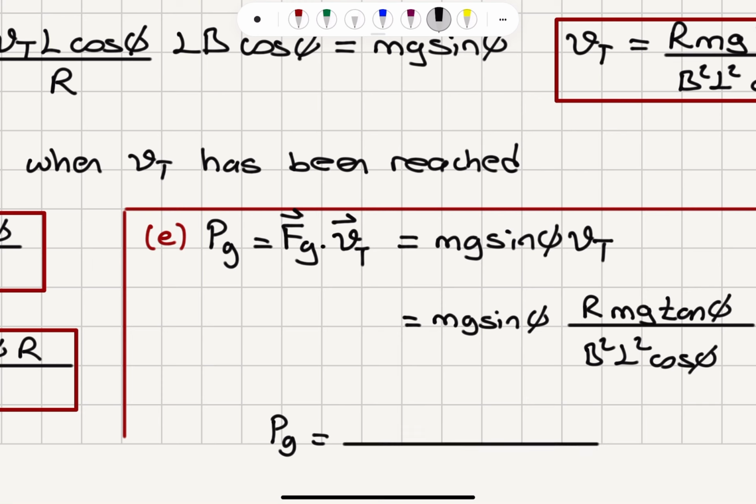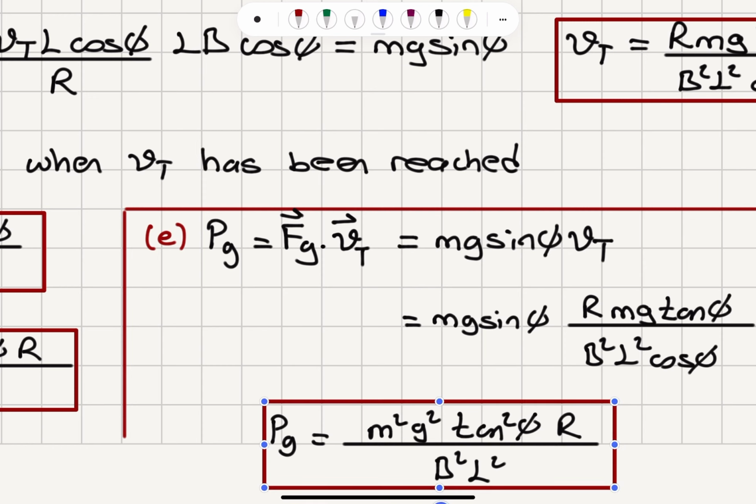So I will have m square g square tangent square phi R divided by B square L square, because I have a sine phi over cosine phi, that will make this tangent square phi.